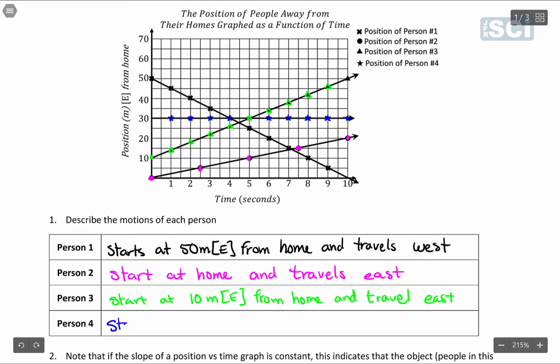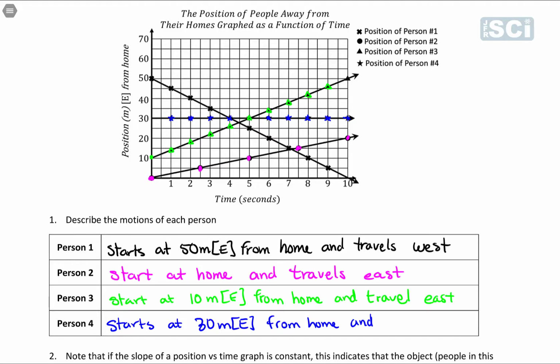So I'm going to say starts at 30 meters east from home. And what are we going to say? Well, their distance doesn't change, or their position doesn't change, which means that they're going to remain at rest. And remain at rest, meaning they're not moving on us.